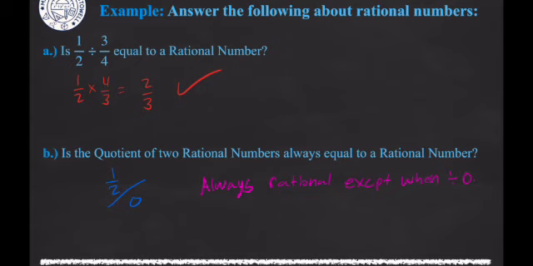The same is true with division. And also, if we take a rational divided by an irrational, that would always be an irrational number. Or if we take an irrational divided by a rational, that would be also irrational. So it follows the same pattern as the addition. So if you understood the addition, you can do the division. Okay? So we are going to end right there.